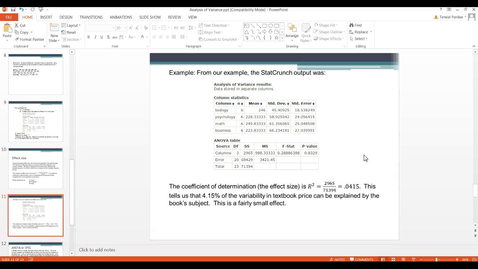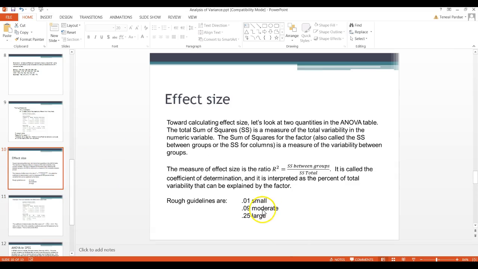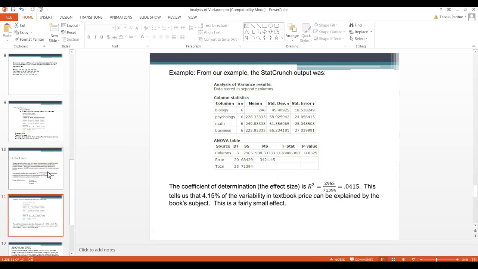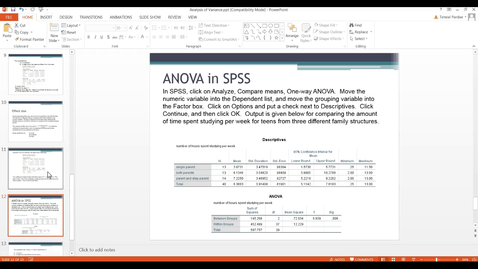So that's a small effect, according to these guidelines, 0.01, 0.09, and 0.25. Okay, so that's the effect size. So the coefficient of determination, R squared, and effect size for ANOVA all mean the same thing. All right, so let's talk about how to do this in SPSS now.